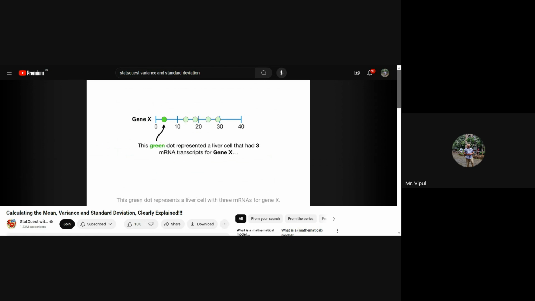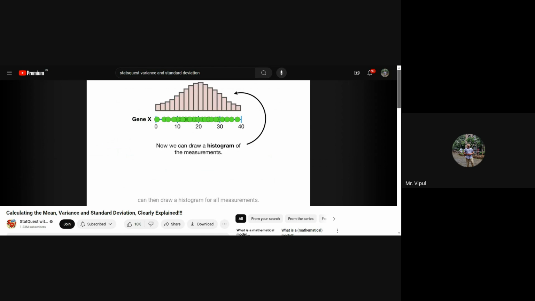This green dot represented a liver cell that had 3 mRNA transcripts for gene X. And this green dot represented a liver cell that had 13 mRNA transcripts. 19, 24, and 29. Now, if we had a lot of time and money on our hands, we could count the number of mRNA transcripts for gene X in all 240 billion liver cells.